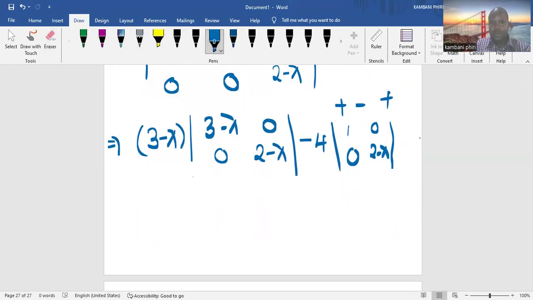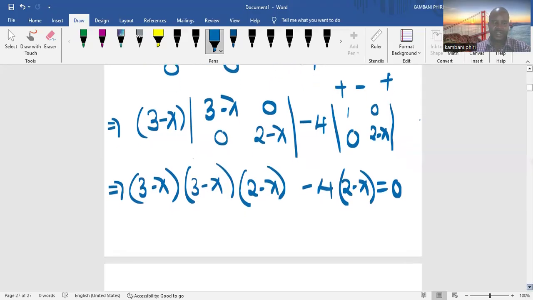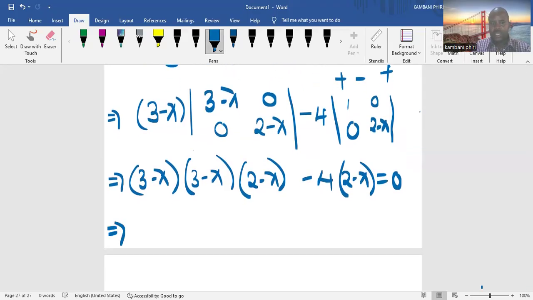Okay. What do we get? You're going to get 3 minus lambda times 3 minus lambda, times 2 minus lambda, minus 4 times 2 minus lambda, is equal to 0. Upon simplification, what do you get?